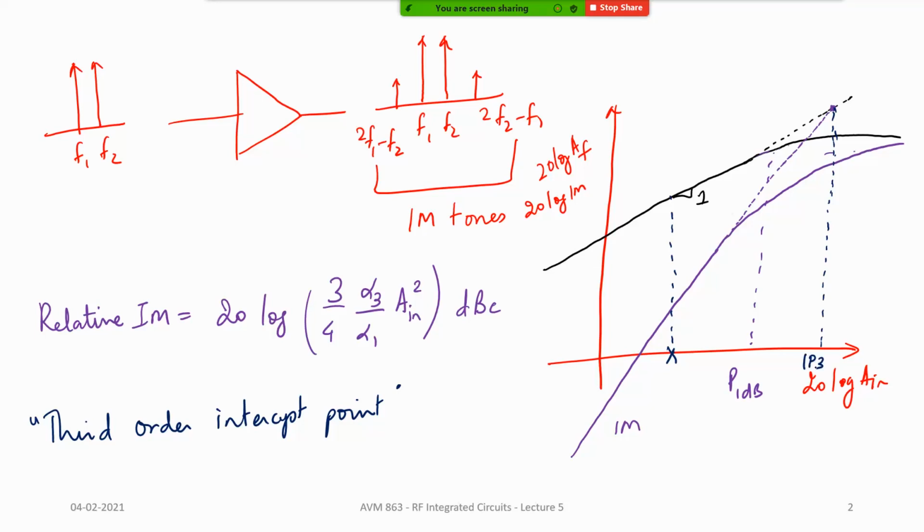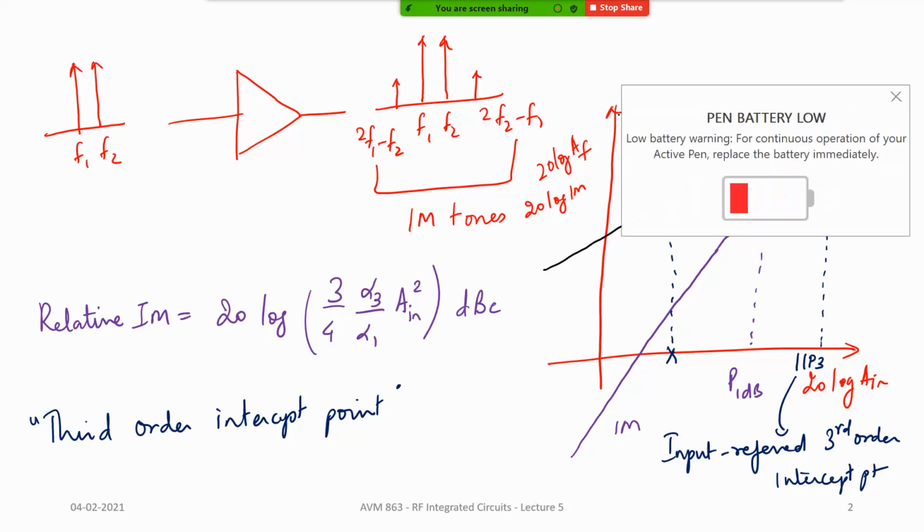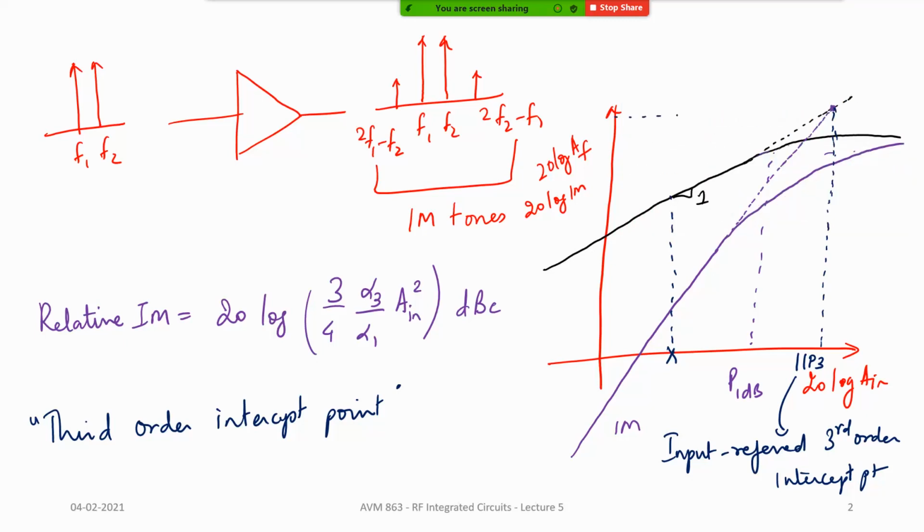If it is input referred, it is called IIP3, that is input referred third order intercept point. Same way, if you see the value where this intercept point is at the output side, it is called OIP3, the output referred IP3 point.